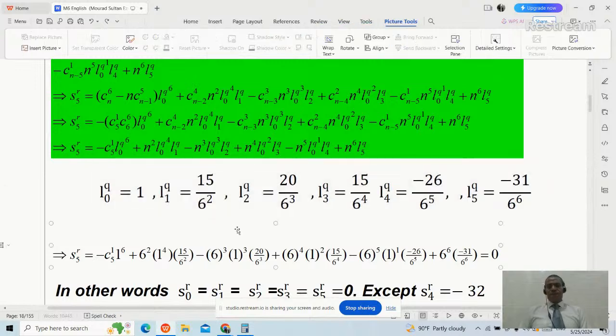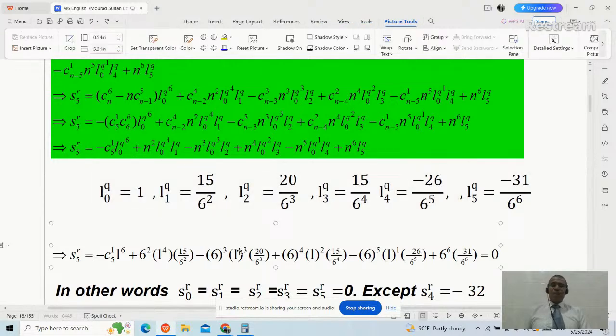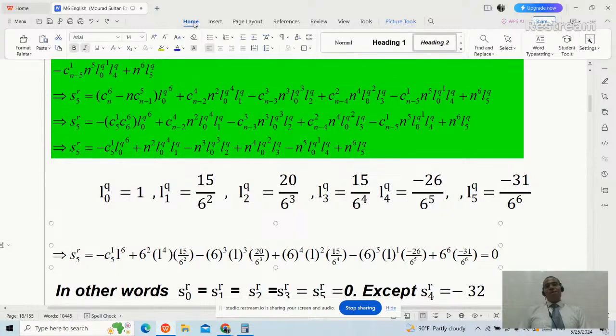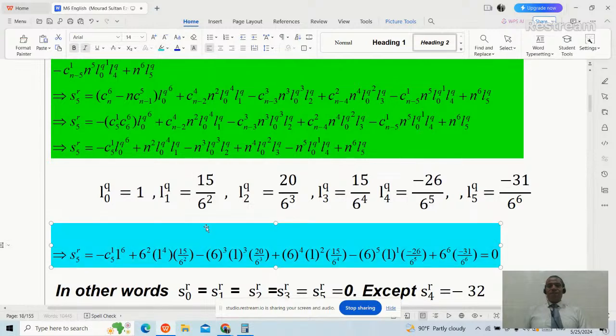So therefore, learners, I will continue finding the value of S5. After finding the value of S5, I will tell that I reach the last step, because the last step is very important. I should find this one, and this one is not easy to find, especially if you don't have a calculator.